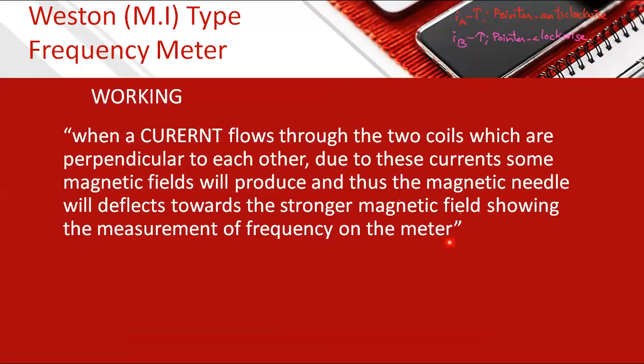If current through coil A is more than current through coil B, then the soft iron piece will get attracted towards coil A, axis of coil A. So the pointer will try to move in anti-clockwise direction.